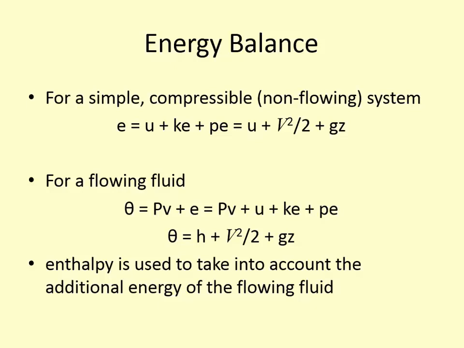So instead of saying E, we use this theta to represent the energy of a flowing fluid. So it's equal to these same terms as before, the internal energy plus the kinetic energy plus the potential energy, but now we're adding in this flow work term, or this PV. And this PV, what does that look like that we've seen previously in closed systems?